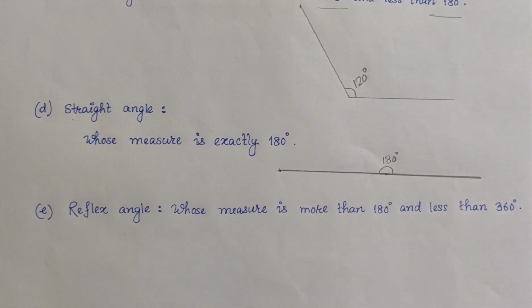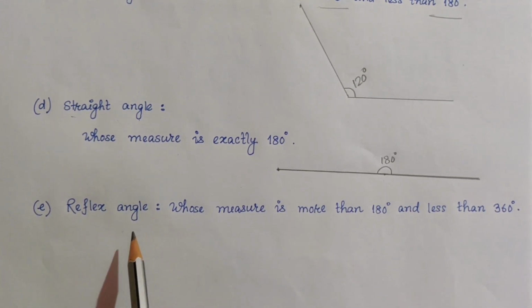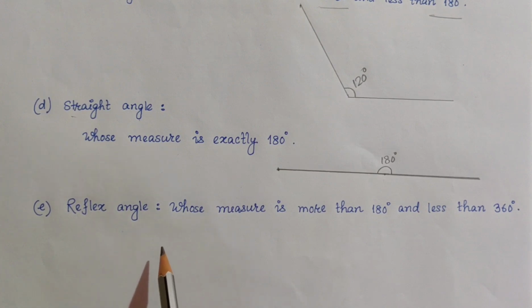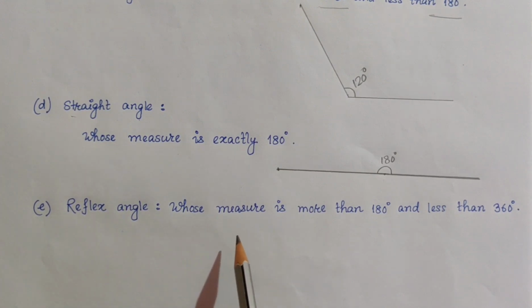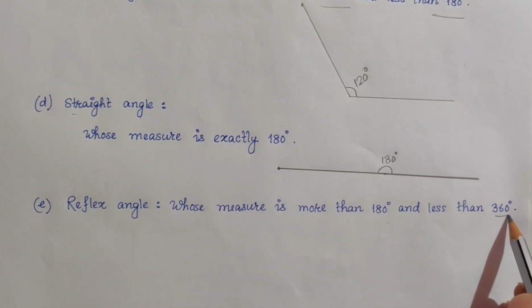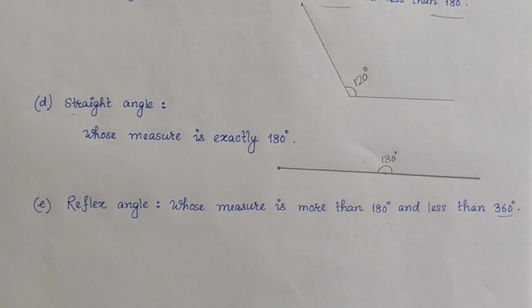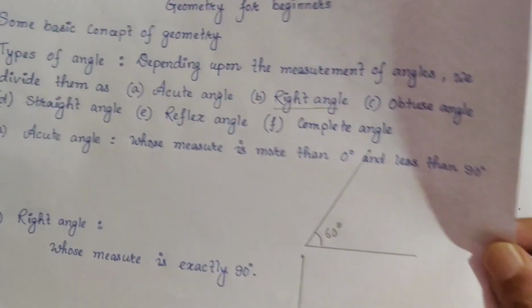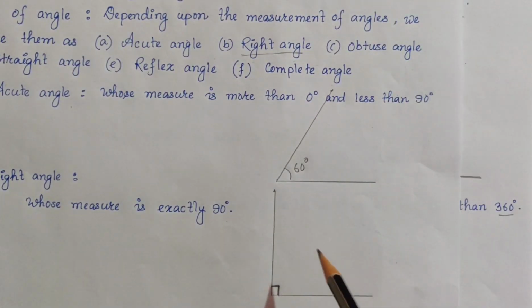The fifth type of angle is called a reflex angle. What is a reflex angle? The reflex angles are those angles whose measurement is more than 180 degree and less than 360 degree. So in any acute angle, the other side of the acute angle is always a reflex angle.